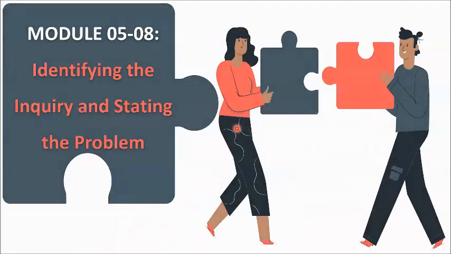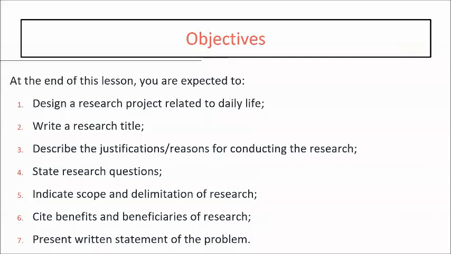Now, for today, we will have a new discussion: identifying the inquiry and stating the problem. In this discussion, we will discuss the following. First, design a research project related to daily life. We will write a research title.